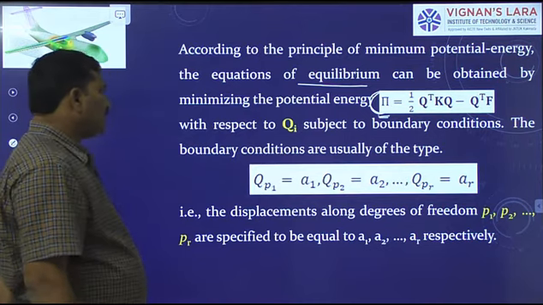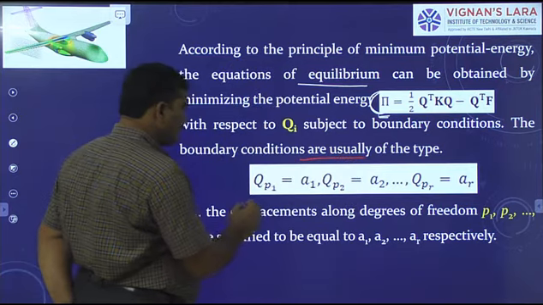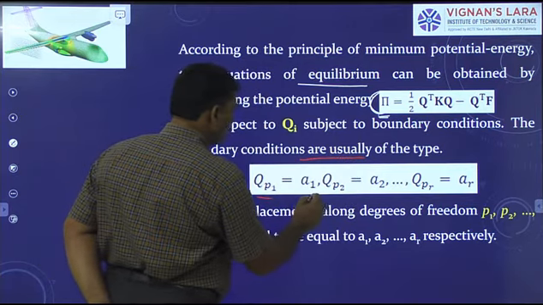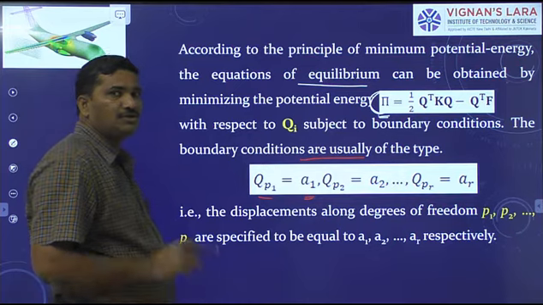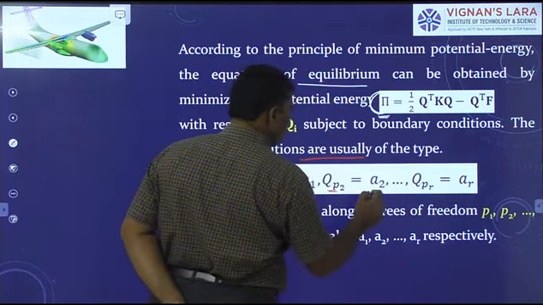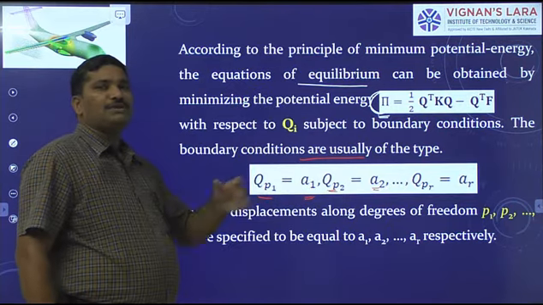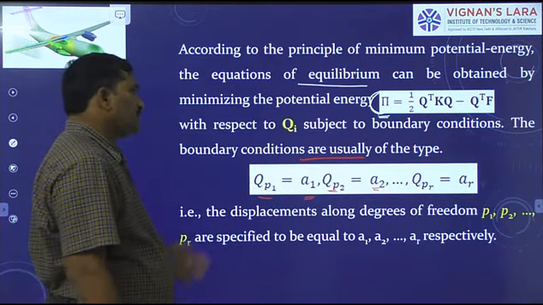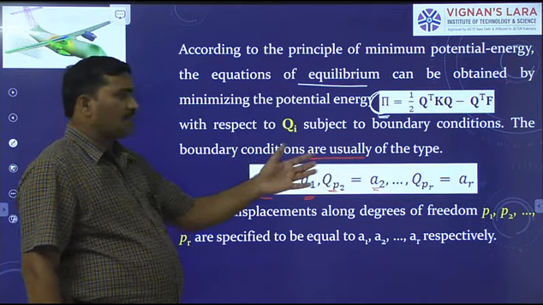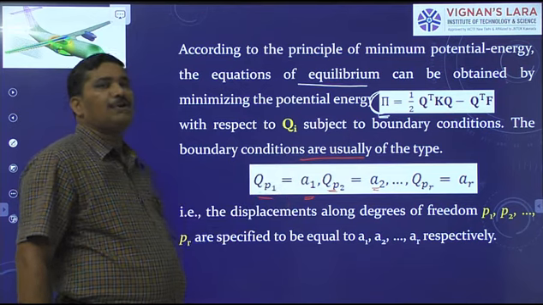The boundary conditions are usually of the type, say, q p1 equals a1. This is one boundary condition. Say q p2 equals a2, and so on. Say q p3 equals a3. Say q pr equals ar. These are one kind of boundary conditions.